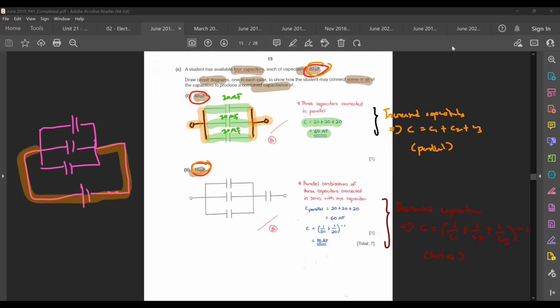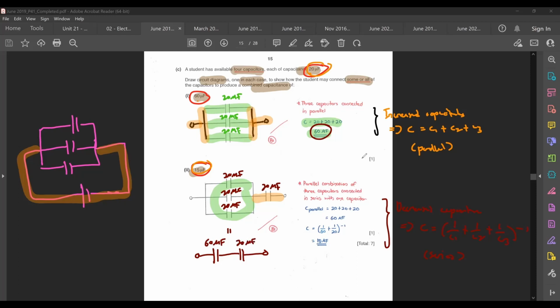So how will you connect it? You could take your 3 capacitors from the one above and connect them in series with another capacitor. If you try to add them up, you will get 15. Let me just simplify it for you. If this one is 20 microfarad, 20 microfarad, and 20 microfarad, this can be simplified to something like this, where this one originally was 60 microfarad, and then this one is 20 microfarad.